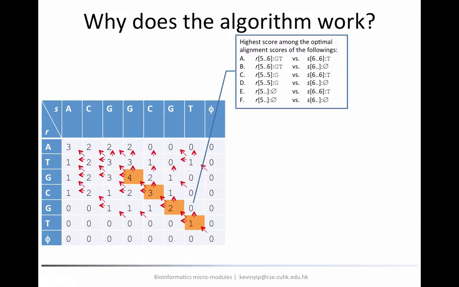The first one is to align R5..6 with S6..6. The second one is R5..6 with an empty string. The third one is R5..5 with S6..6, and so on. For each one, we want to compute the optimal alignment score, and then we take the maximum of the 6. That is the definition of this 0.